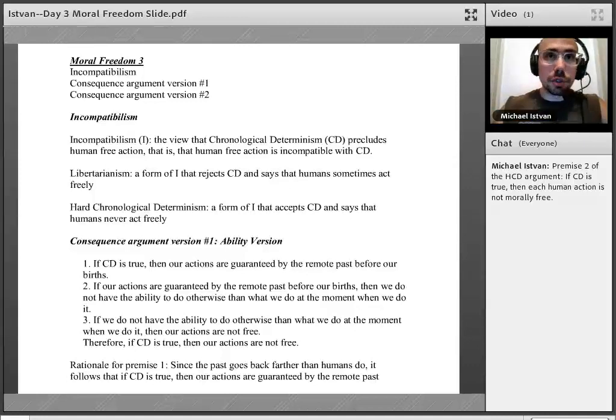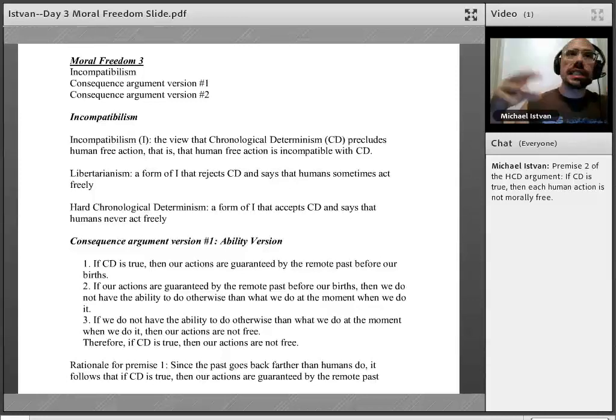And we're seeing so far, compatibilism rejects premise 2. Now we've moved on to incompatibilism. It accepts premise 2. Now, remember how I said last time that compatibilism itself is agnostic on whether premise 1 is true or not? The same goes for incompatibilism.